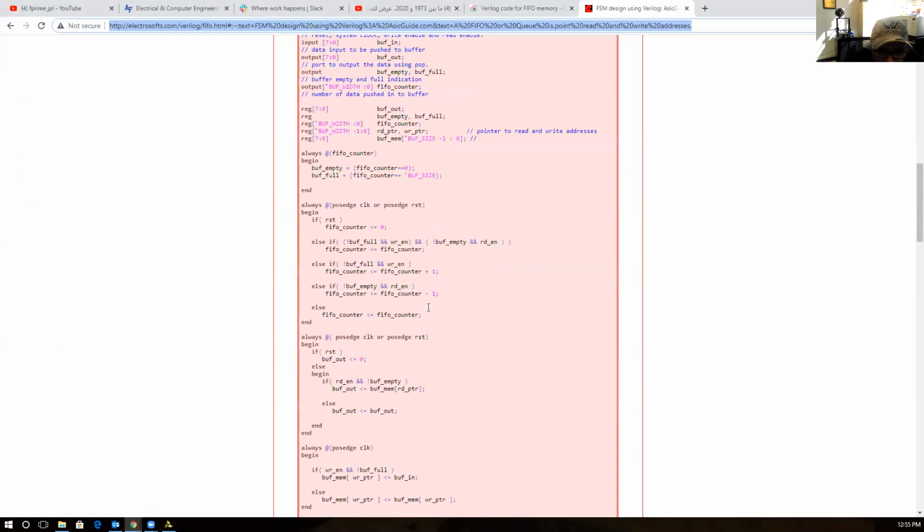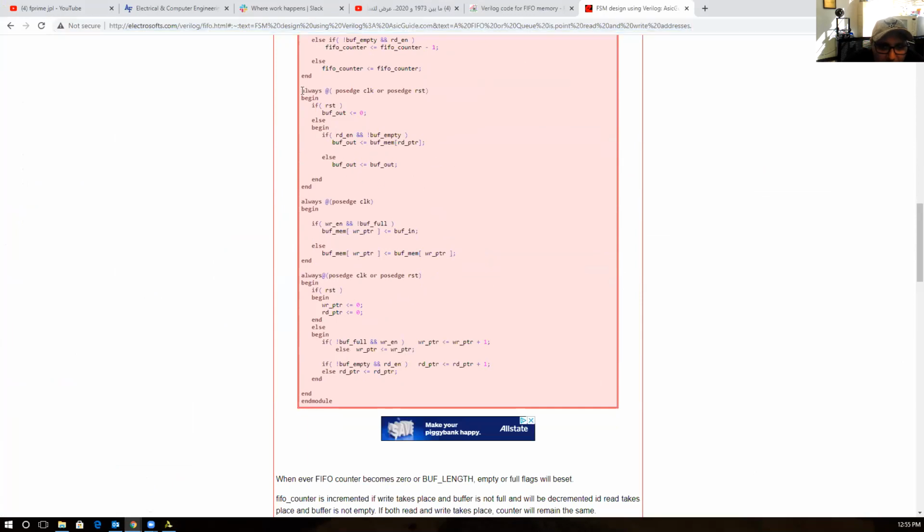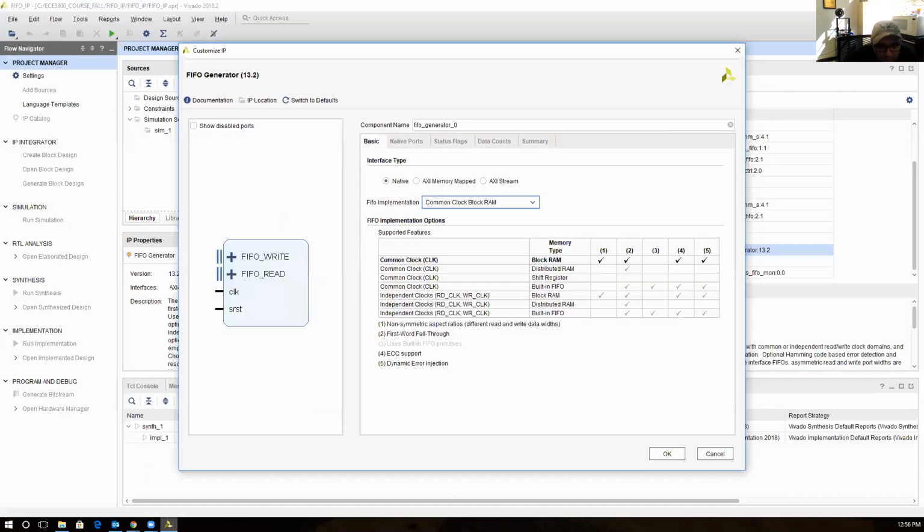In this example, this area can be in one clock and this one can be in a different clock. So I'm pushing data in at 100 megahertz and getting data out of this buffer at 5 megahertz or 500 megahertz. Those are completely independent. That's what they call independent clock. Here, let's say I take common clock. That means the input and output will be using the same clock source. Okay.